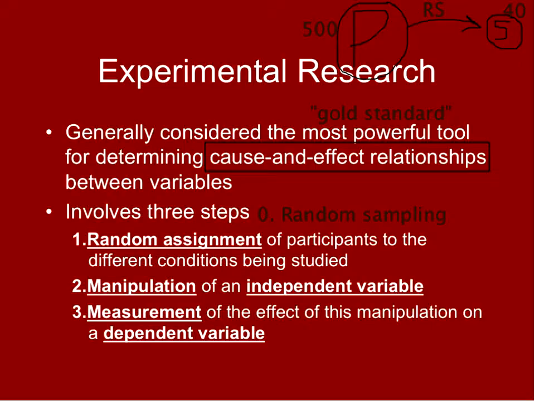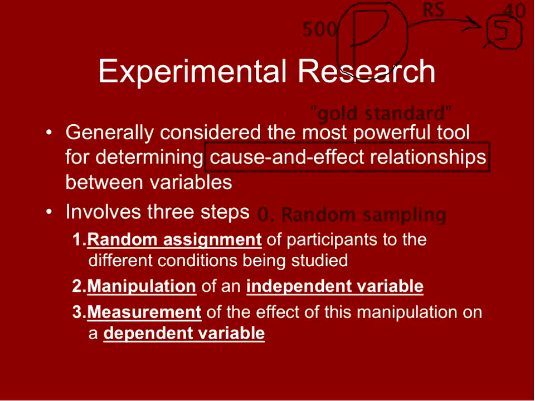What I do is I go to the alphabetical roster for the course, and I go to the website random.org, and I tell it to give me 40 random numbers between 1 and 500. And if you're student number 239, you're going to be randomly sampled to be in the study. Okay? So random sampling is when I use a random procedure to pull people from the population to be in my study.